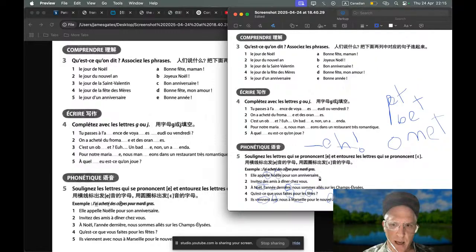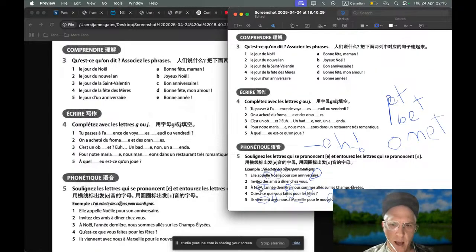Bon anniversaire. Invité, A is underline. Invité des amis à dîner chez vous.